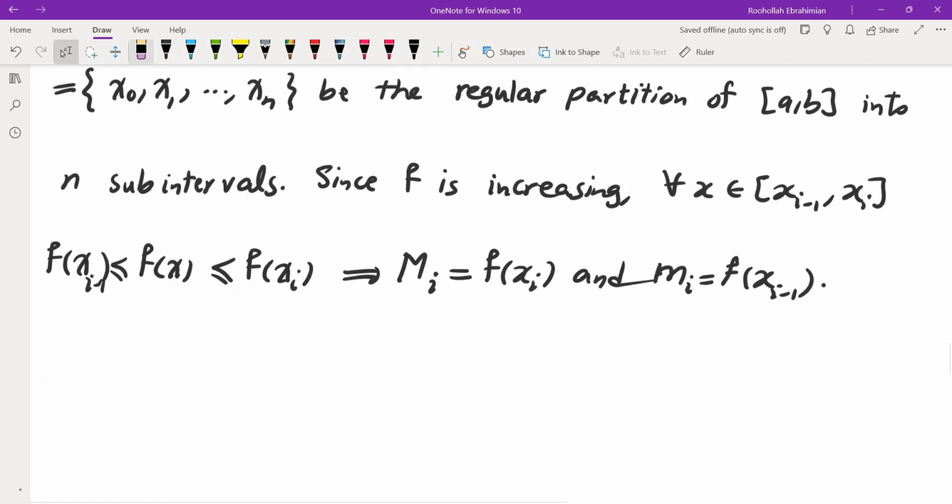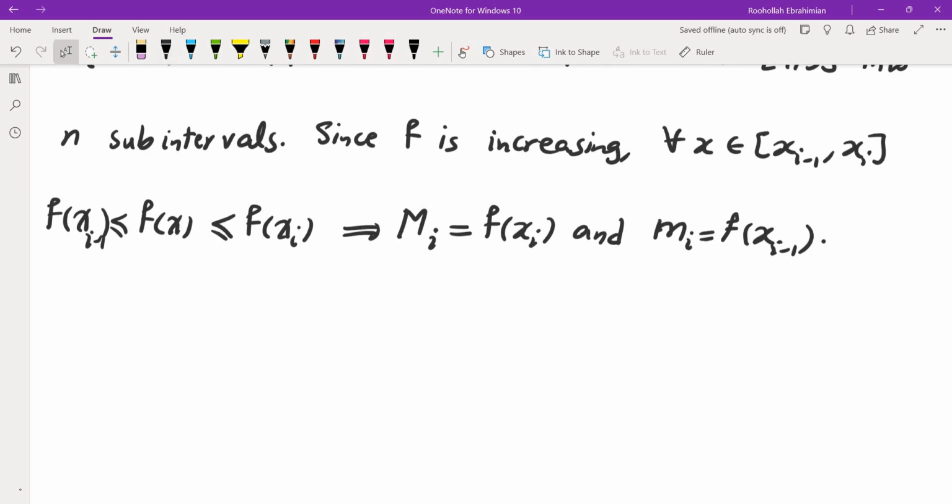In fact, not only is the infimum f of x_{i-1}, but the minimum is f of x_{i-1} because it's an increasing function. If you look at the graph, you would feel more comfortable. The minimum is here, the maximum is here, because it's an increasing function.